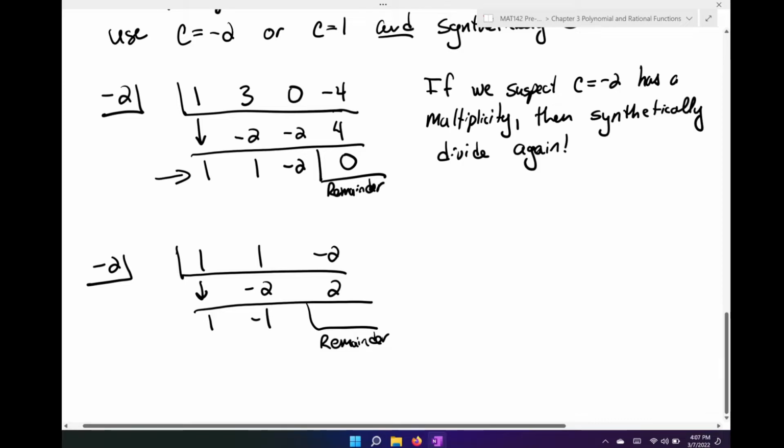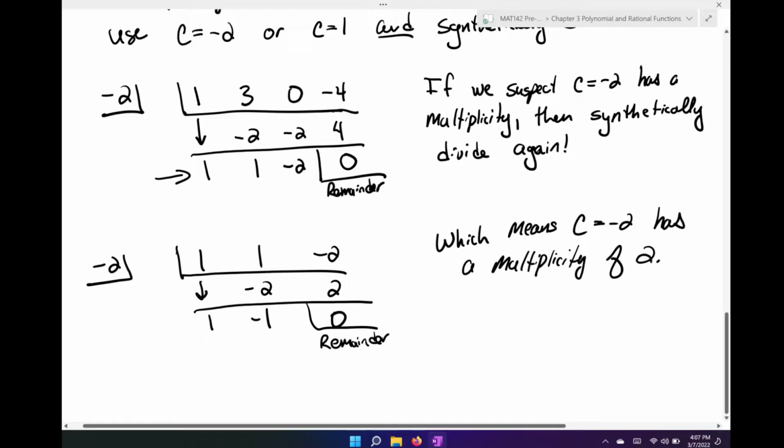Finally, negative 2 plus 2 is 0. So notice I synthetically divided twice with negative 2, which means c equals negative 2 has a multiplicity of 2.